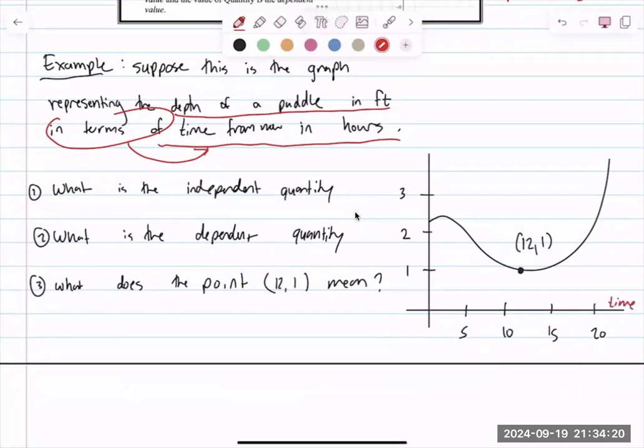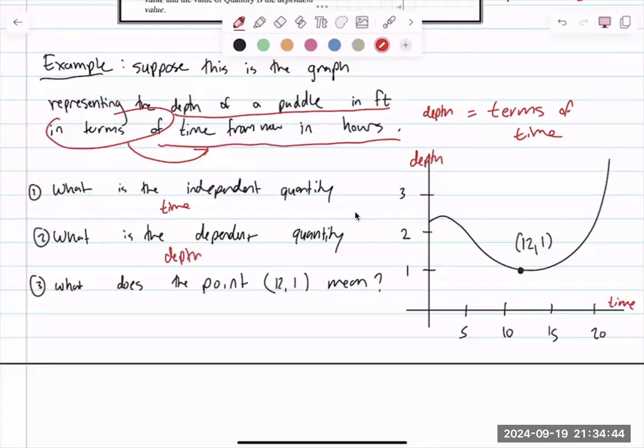Because we're going to represent the depth of the puddle in terms of time. So depth in terms of time. So depth is going to be alone here, and it's going to equal something in terms of time. And then if I have this graph right here, the independent quantity is time, and the dependent quantity is depth.